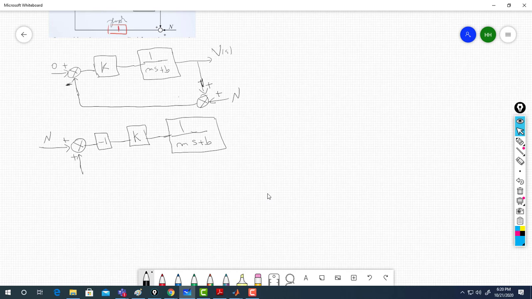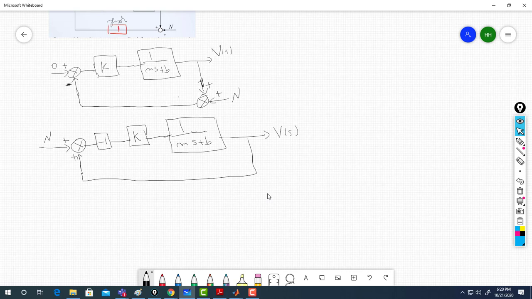I'm comfortable with it this way, and the output is v, which is here. Then this I know how to compute directly, v of s over n of s.